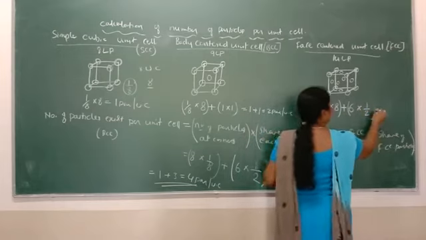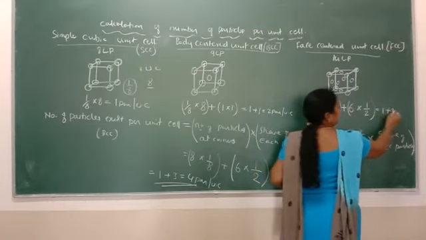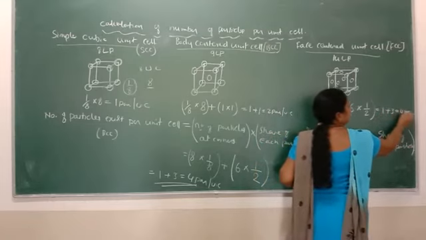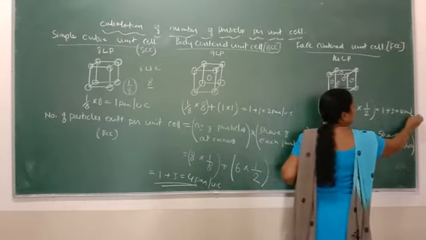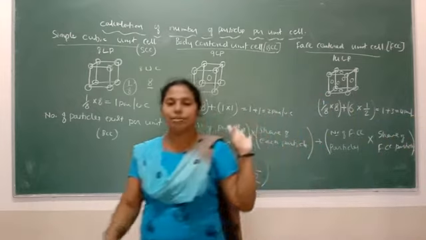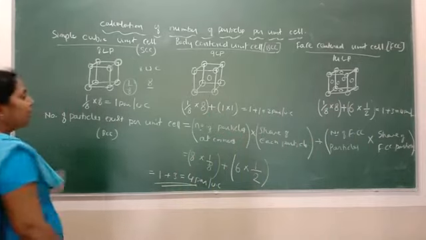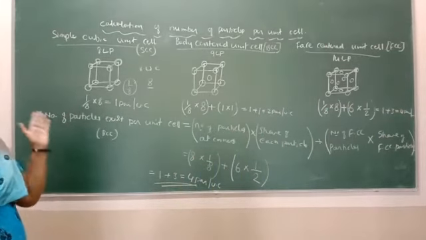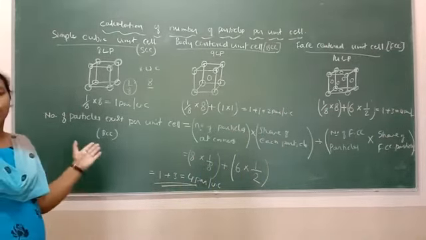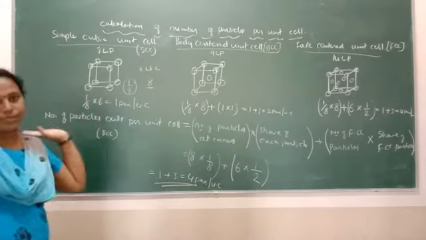The calculation gives 1 plus 3, which is 4 particles per unit cell. This is the calculation of the number of particles per unit cell. It is very important. In every examination, you are going to get a 2 marks question based on this.